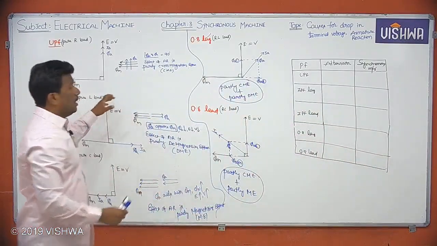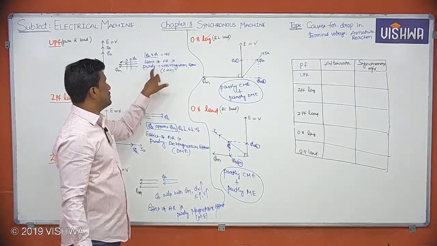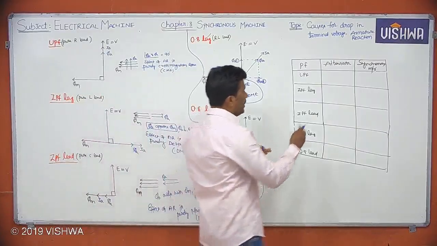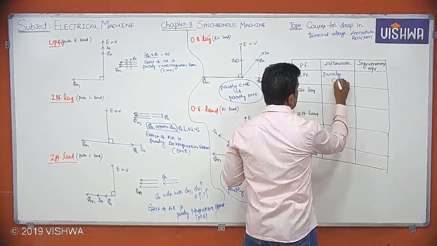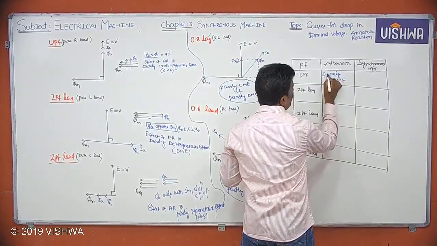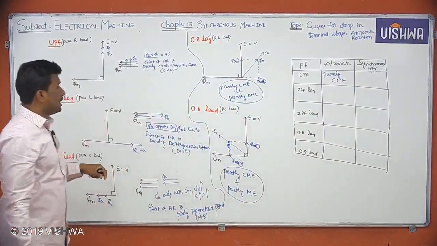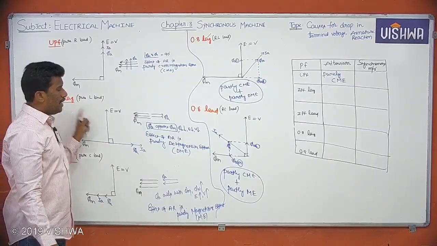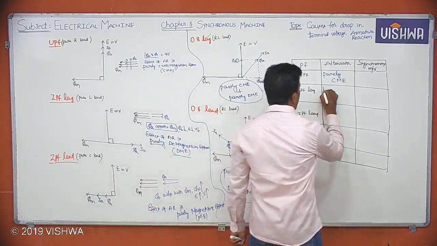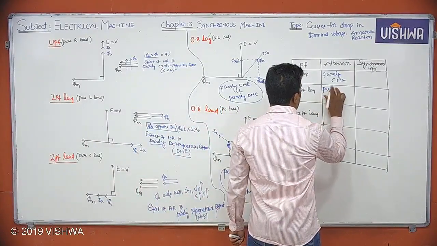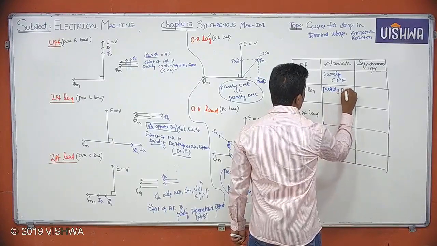Now, you tell me, for an alternator having UPF load, what do I write for the effect of armature reaction? The effect of armature reaction is purely CME, purely cross magnetizing effect. For an alternator having ZPF lag, it is purely DME.